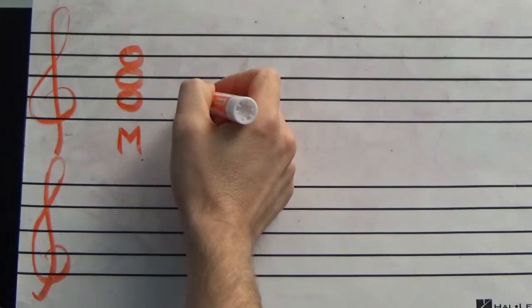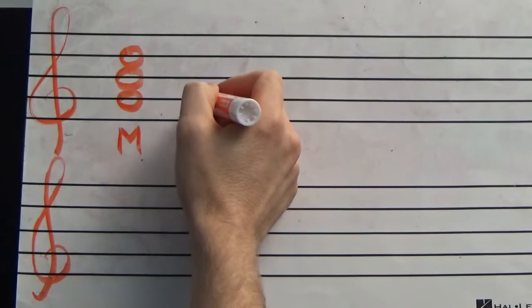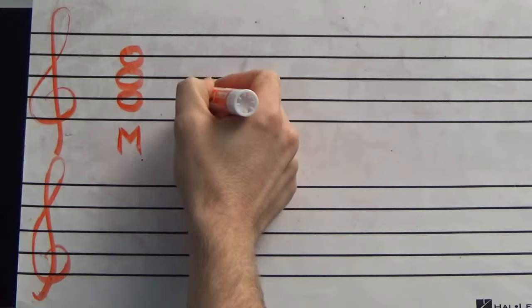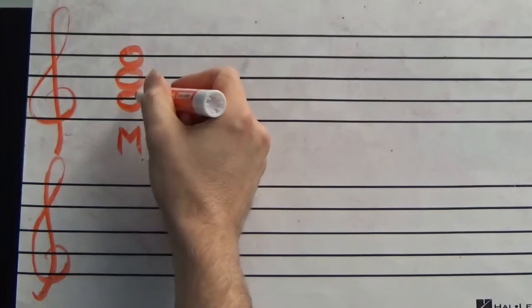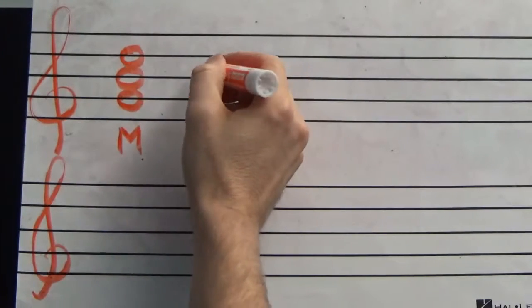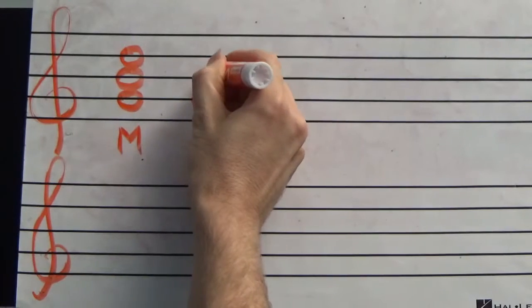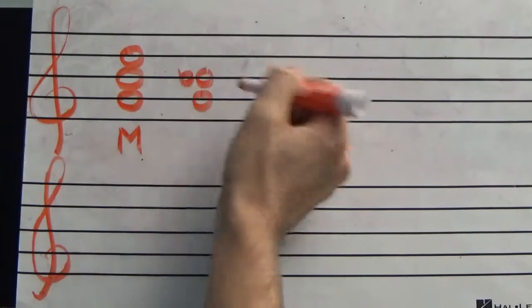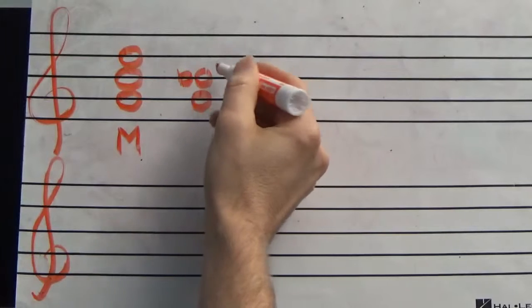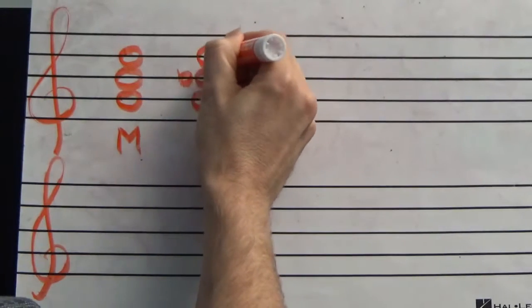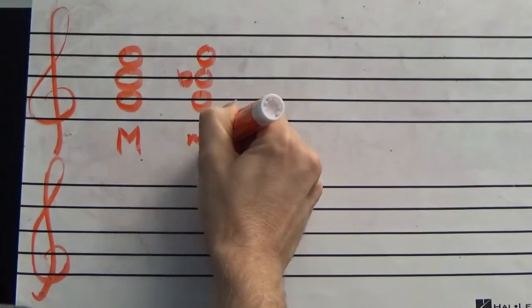And so then I'm pretty sure the second one had to be G minor. Now to make the distance from the root to the third smaller, I put a flat next to the middle note to bring it down to a minor third. And I label it with a lowercase m.